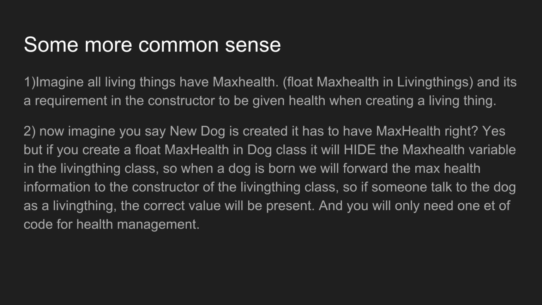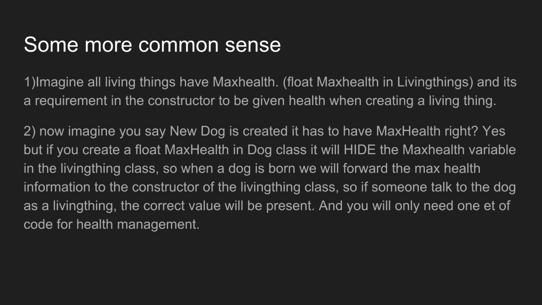So what we should do is this: because all of our code that manages health exists in the living thing class, why should the dog class have a duplicate of all that code? We shouldn't. What we should do is forward that information to the constructor of the living thing class and do our own dog things.